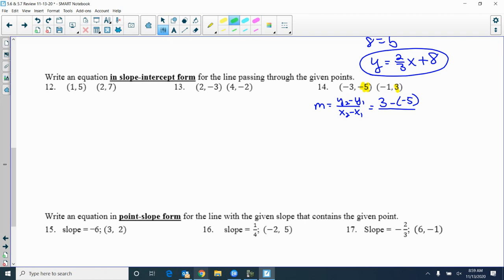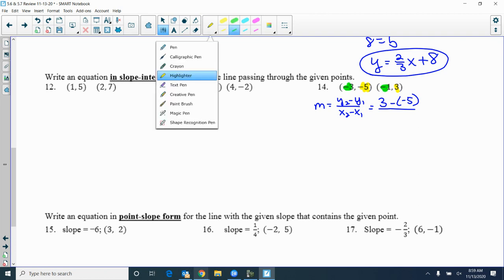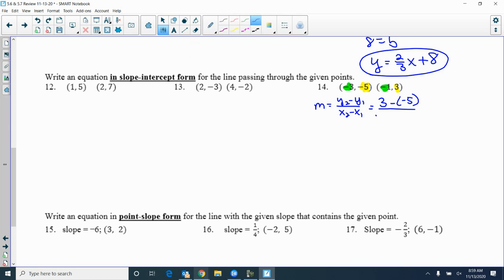The x's go on the bottom, which are -1 minus -3. So that's 3 plus 5, -1 plus 3, and what does that give me? 8/2? If it divides to a whole number, you can write it as a whole number, 4. All right, did I do that right? Yep, so 8/2 is 4.